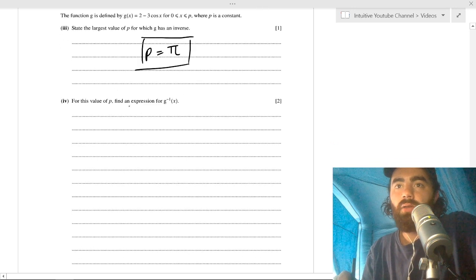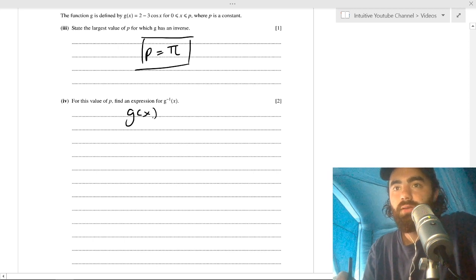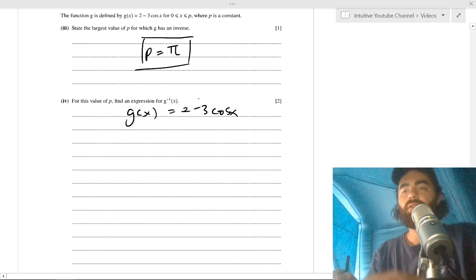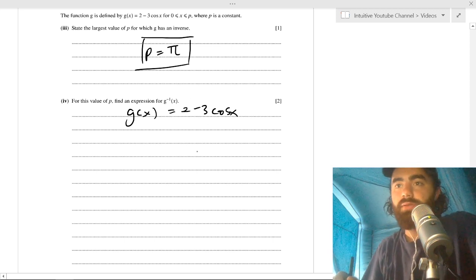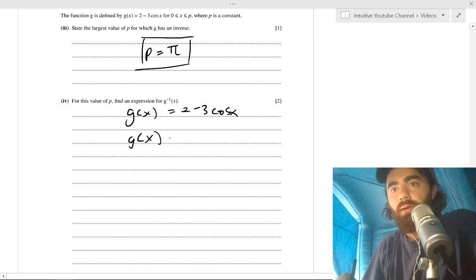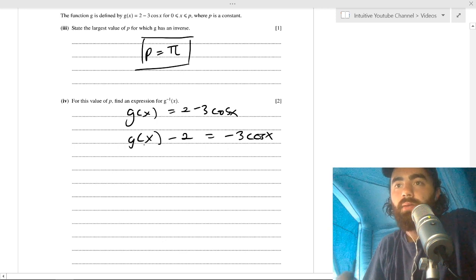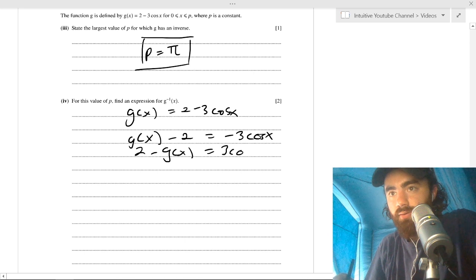And then for this value, find an expression for this. Well, g of x equals 2 minus 3 cos of x. So now we have to switch from x to g of x to get the inverse. So we get g of x minus 2 equals minus 3 cos of x. We can divide through by negative, which will give us 2 minus g of x equals 3 cos of x.